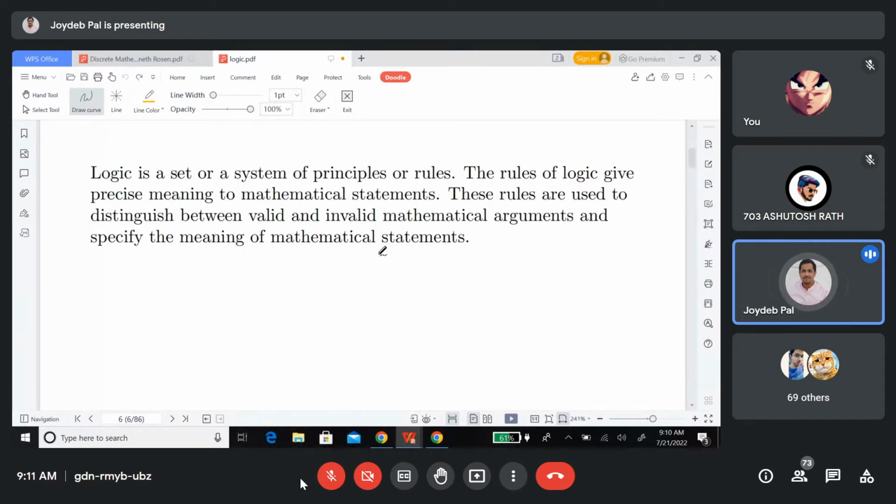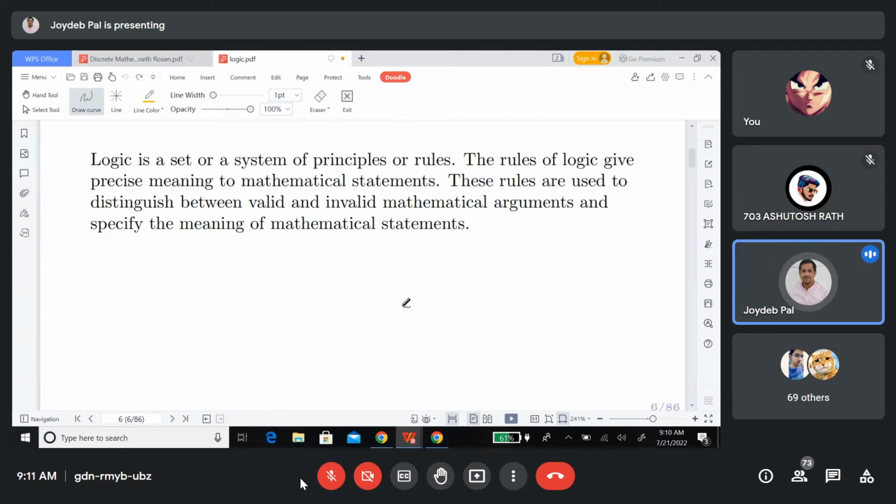Here mathematical statements means maybe some mathematical expression or maybe some English sentence also. Later on you will see what the mathematical statements are.